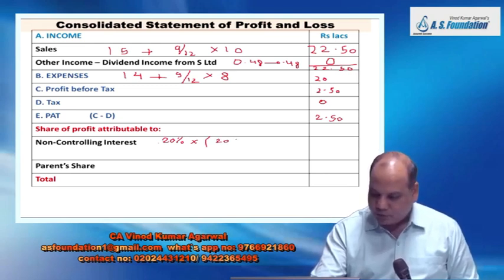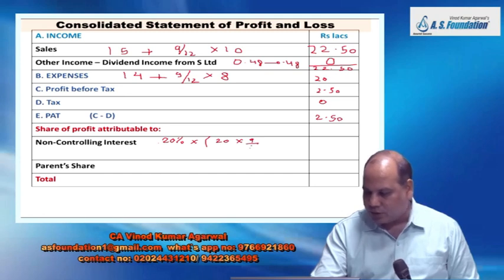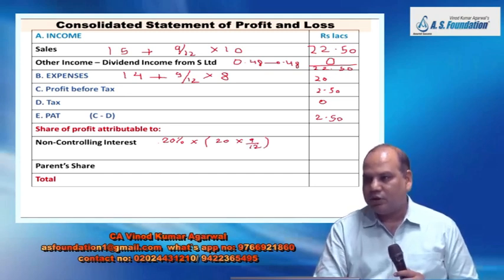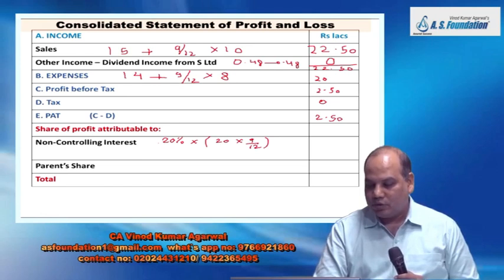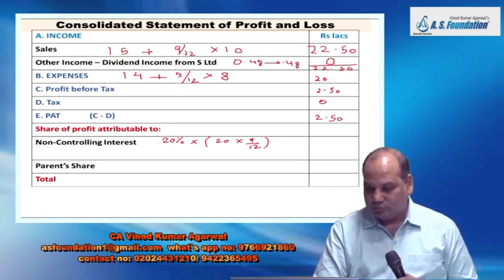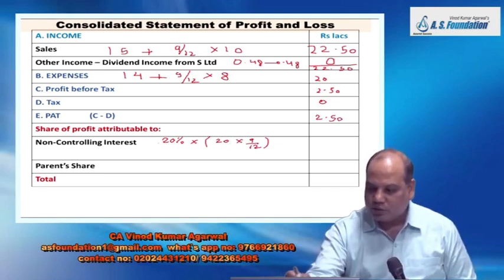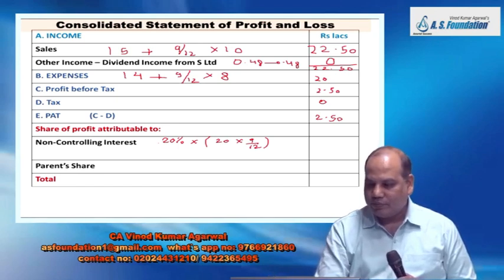So you will write 20% into what is the profit of this company? However, we will multiply by 9 by 12. Entire year profit will not take. 9 by 12 only, because these figures are all 9 by 12.